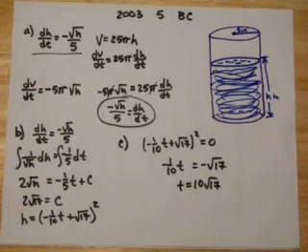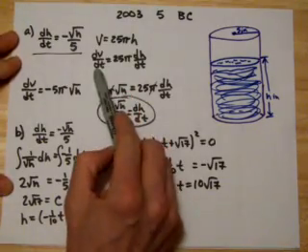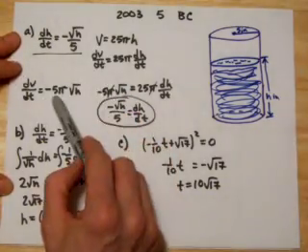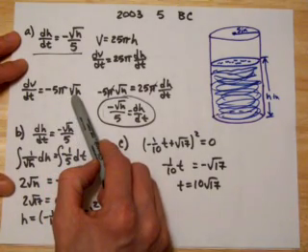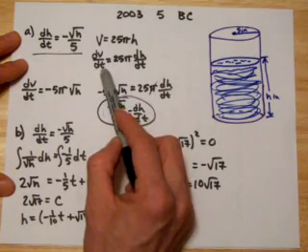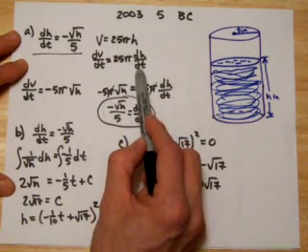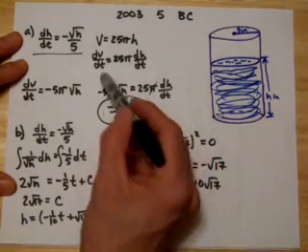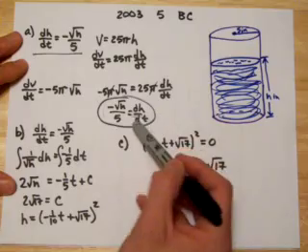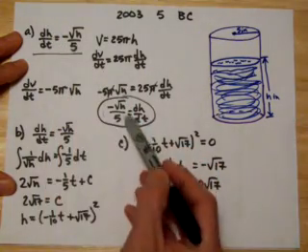The points for this: 3 for the first part, 1 for showing that dV/dt equals negative 5 pi root h, and dV/dt equals 25 pi dh/dt is another one. And then showing the result, basically showing that you're setting them equal and solving to get this.